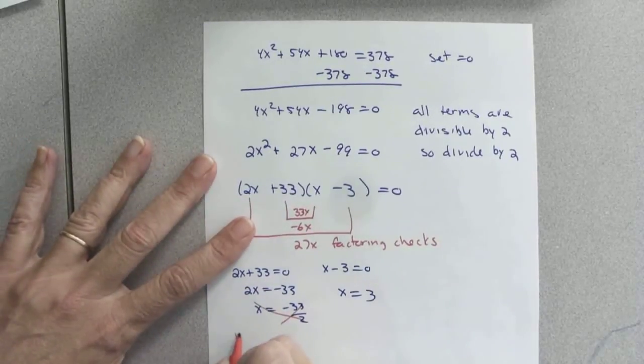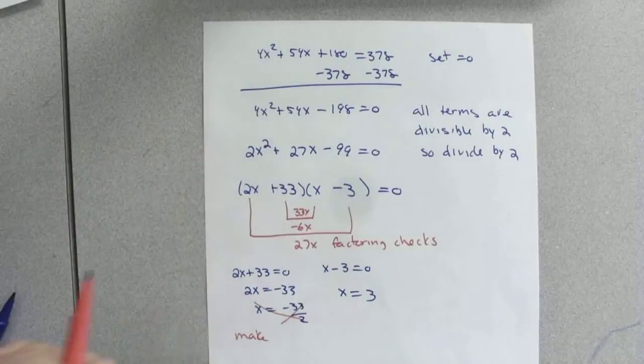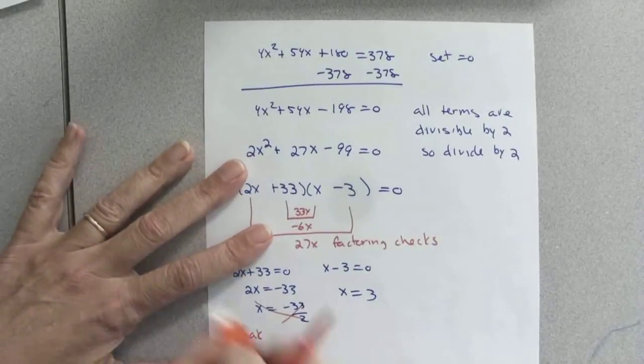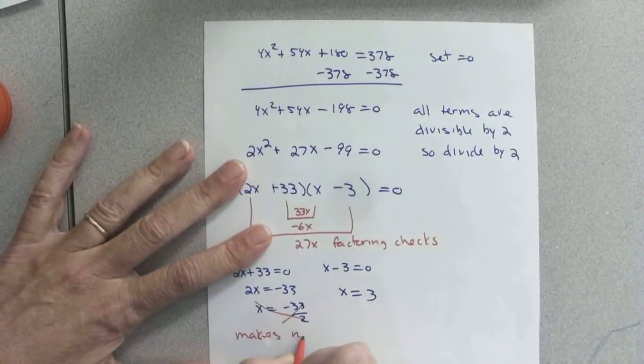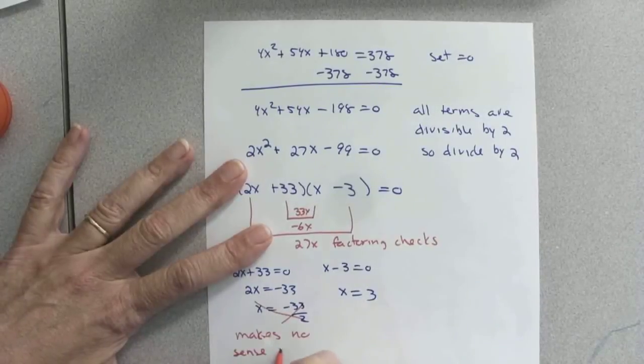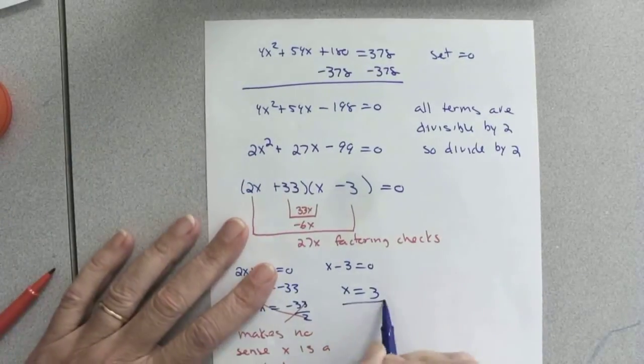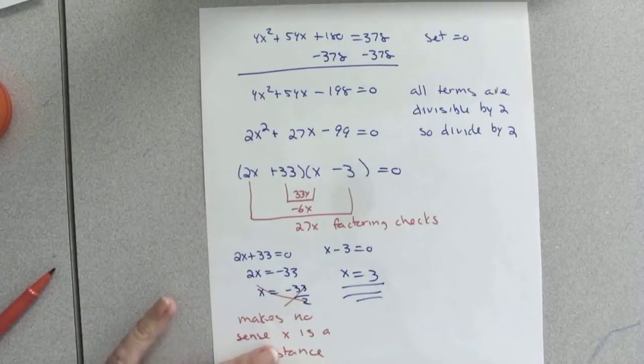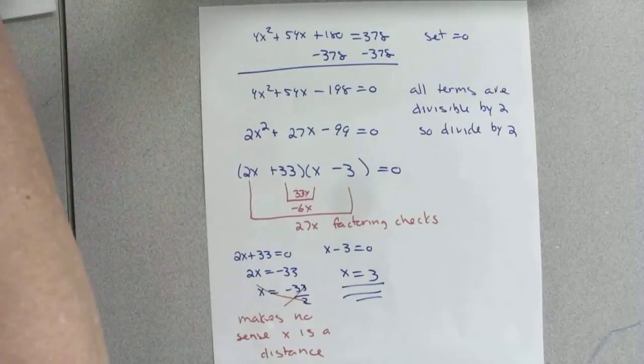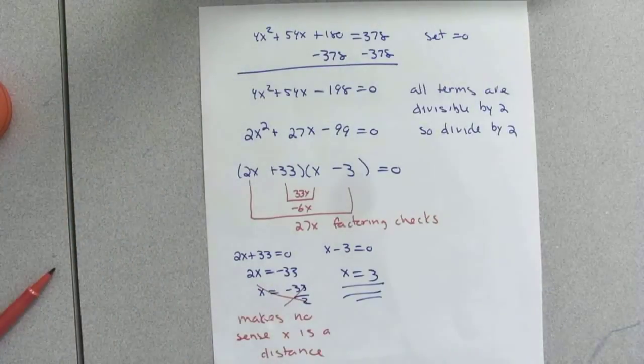That makes no sense. x is a distance. And so the width of my path is 3 meters. And that problem is done, and this section is done.